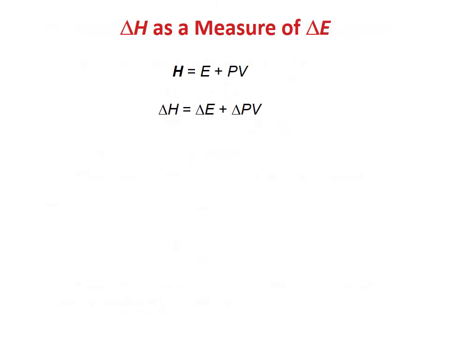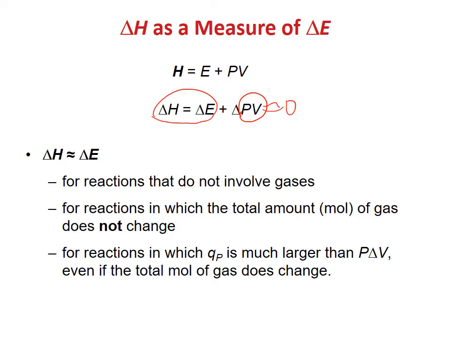Knowing the enthalpy change of a system tells us a lot about its energy change as well. This is because in most cases, the change of PV is a very small number, approximately 0, and therefore delta H equals delta E. Here are some examples.